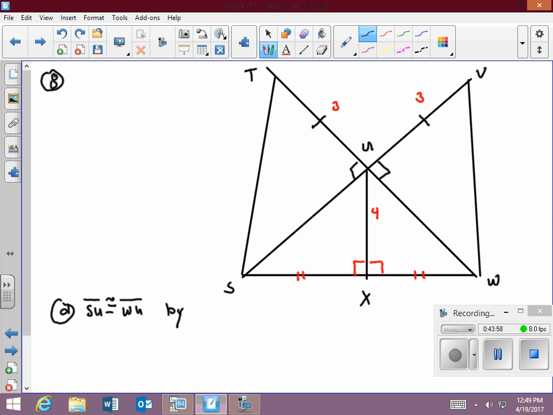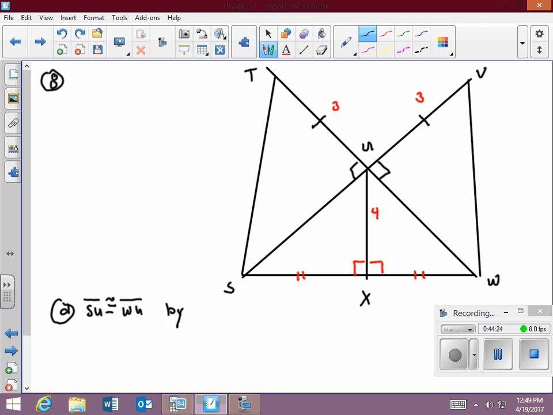If you look at page 211, theorem 4.10, at the bottom of that theorem, it says if P is a perpendicular bisector of AB, then AP equals BP.